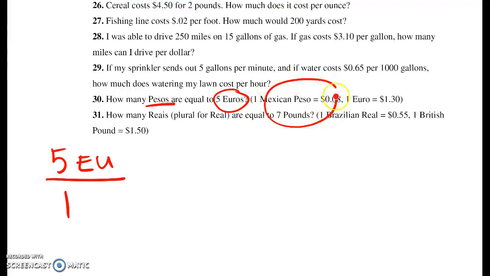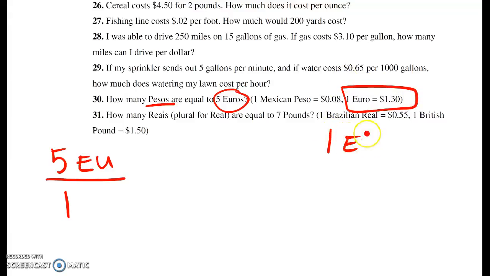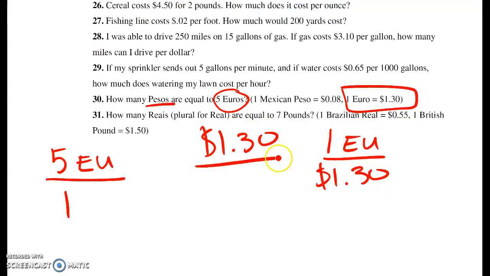Next, it gives us these two conversion formulas. Since I have euros in the numerator right now, I want to get rid of those. So I'm going to use this second formula, which can be written as 1 euro over $1.30, or as $1.30 over 1 euro.